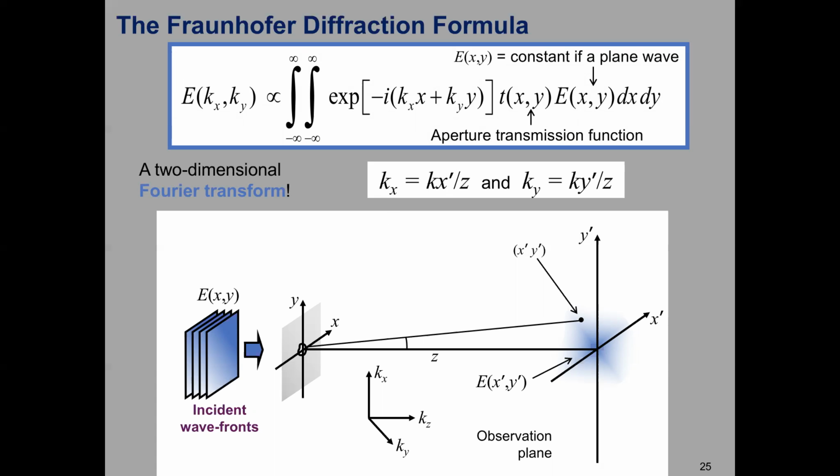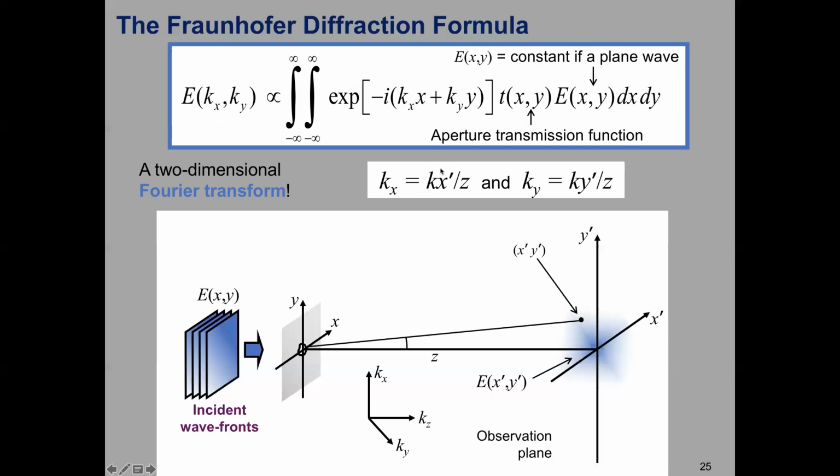So the strategy for solving these problems and computing the diffraction patterns is to compute this Fourier transform of the function t describing our aperture, and then convert all the wave vector components, kx, ky. So convert this from a function of kx and ky into a function of x prime, y prime, and z.